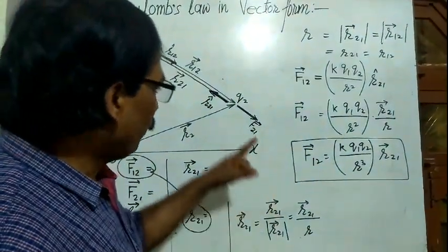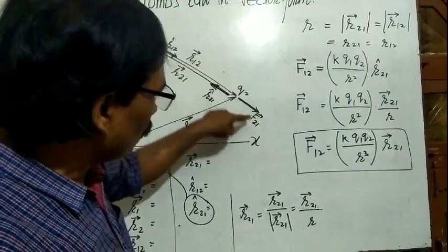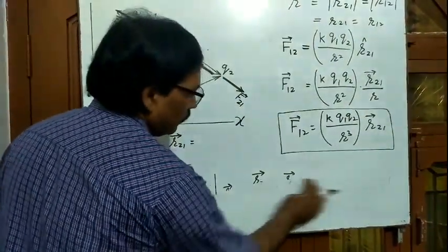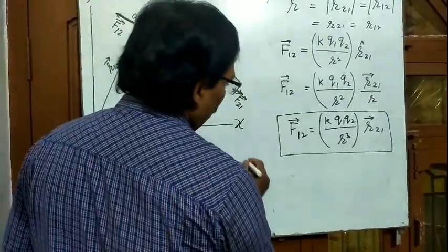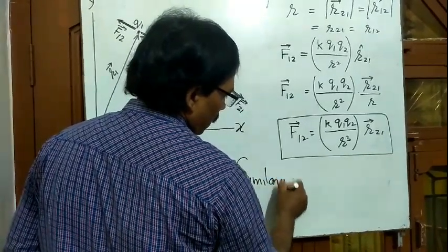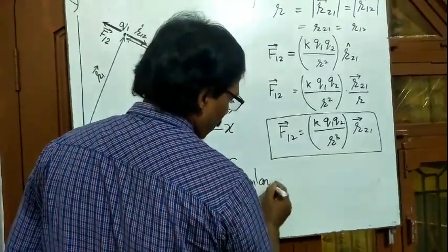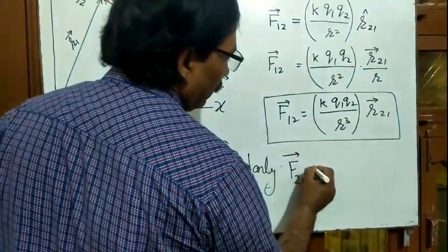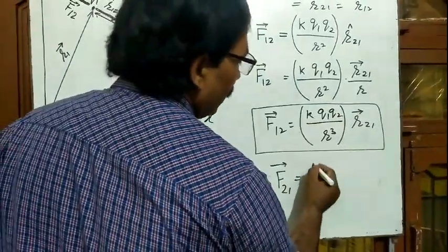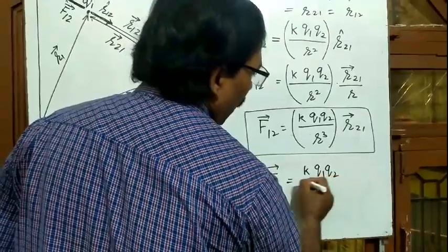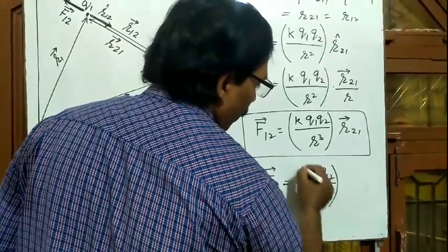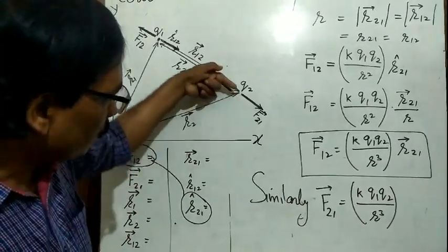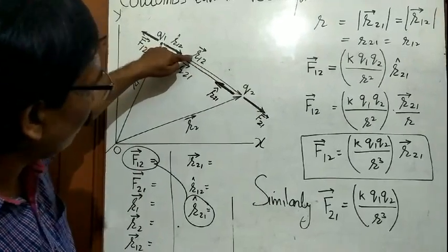Similarly, when we find this force F21, that is the force acting on charge Q2 due to Q1, what will we write? The magnitude will be the same, that is K Q1 Q2 by R cube, and this force F21 is in the direction of R12.